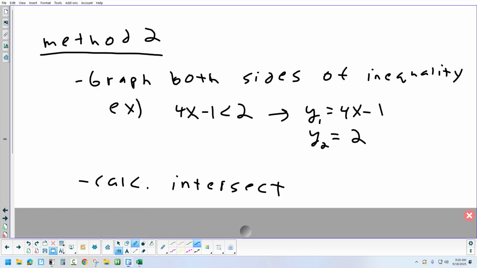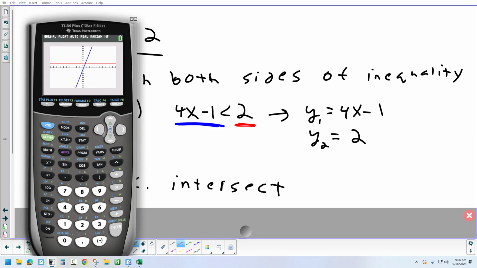Okay, so this is the blue line I drew. That's going to come up as the red one. That's the coloring that I used. I'm looking for where the blue line is less than the red line. That means where it's underneath. So to figure out where it's underneath, first thing I have to do is figure out where they cross. And then I can either say it's everything less than that or more than that.